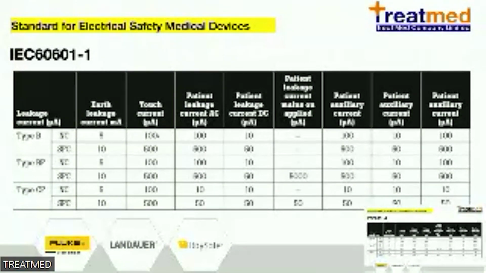For the touch current in BF type, NC is the normal condition, where the line, ground, and neutral are complete. In NC, the touch current must not exceed 100 microamps, for example. SFC is the single fault condition, where the system is not complete, such as a broken ground or broken neutral.